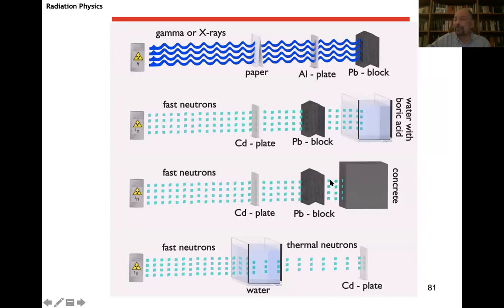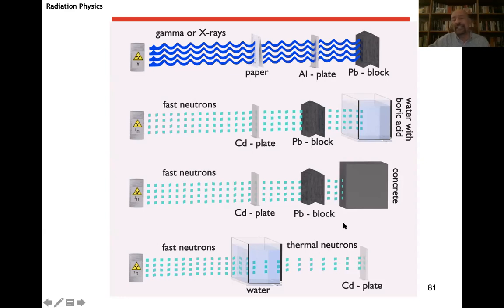That's again an example where they can be stopped in concrete, but you need very thick concrete, of course. And here you have another example where you take fast neutrons, then you slow down the fast neutrons in water. Then essentially you use water as a moderator. Now you have thermal neutrons, and now the thermal neutrons you can stop in cadmium.